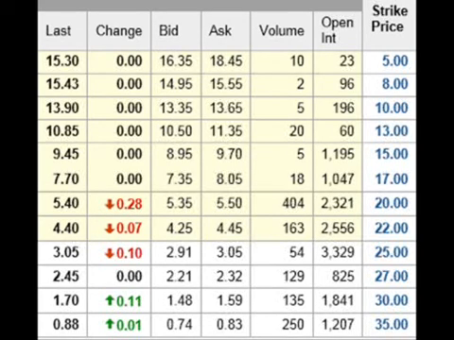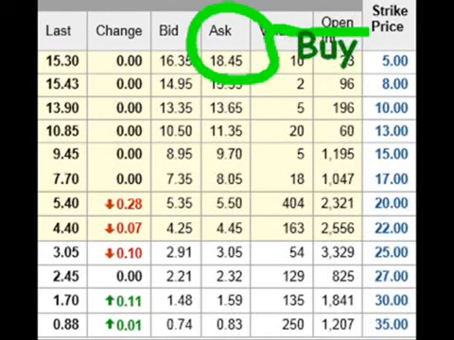First off, you have your standard commissions you'd pay through a brokerage firm. Next, we have this thing called the bid-ask. The ask is the price you buy the option for. As you can see on the one I highlighted, the ask is on this LEAP here, and these are LEAPs from January 2015.